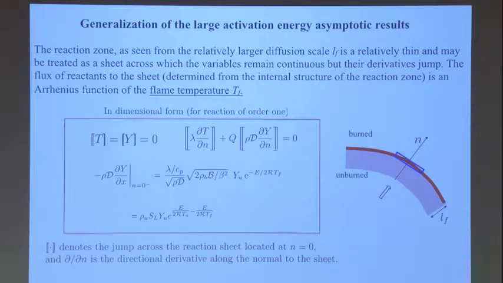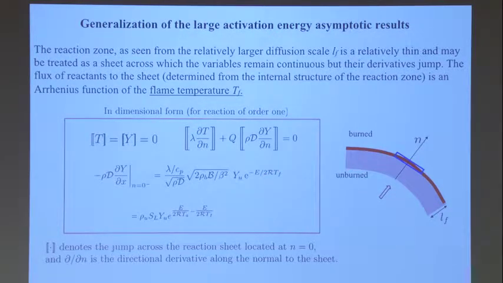And the second is that in the expression I derived before, namely the flux of fuel towards the reaction zone that depended on the adiabatic temperature, now I'm going to generalize this to the flame temperature, because once the flame is curved, the flame temperature is no longer necessarily the adiabatic temperature. It can be something different, or it will differ from the adiabatic temperature. And so those are the two generalizations.